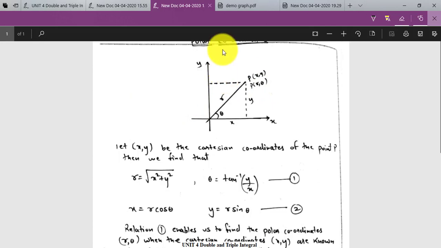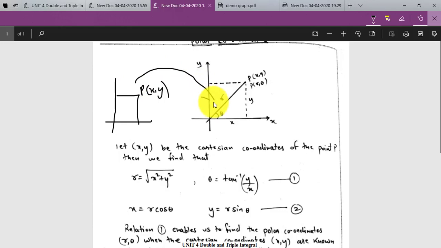Let me draw this figure. Any point here is P(x, y). Any Cartesian coordinate can be transformed into a polar coordinate, and any polar coordinate can be transformed into a Cartesian coordinate.